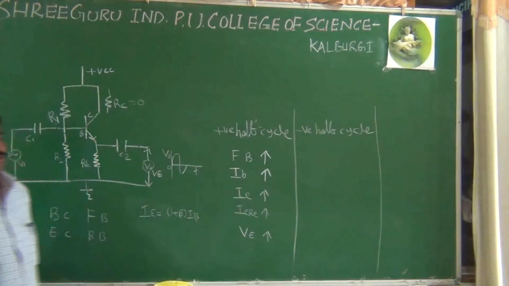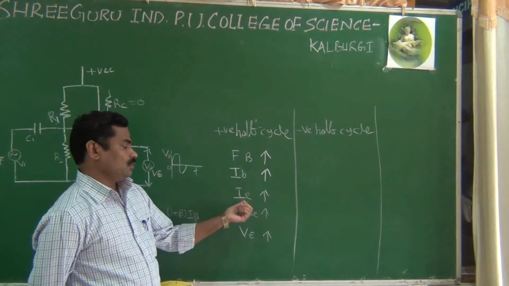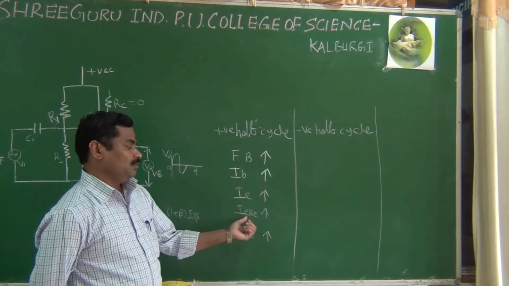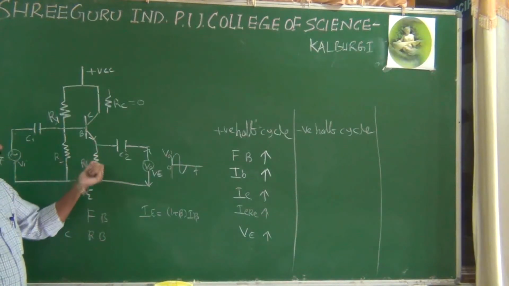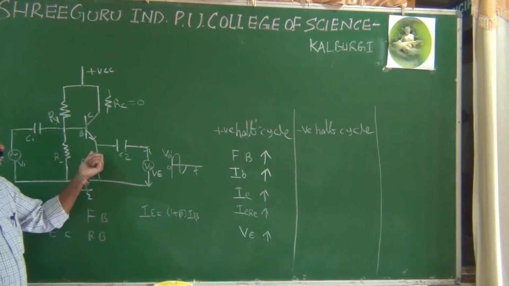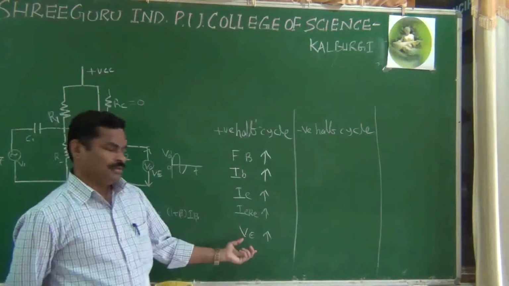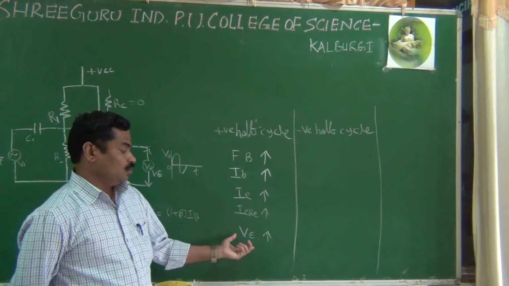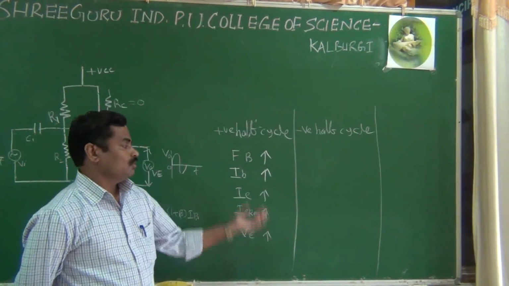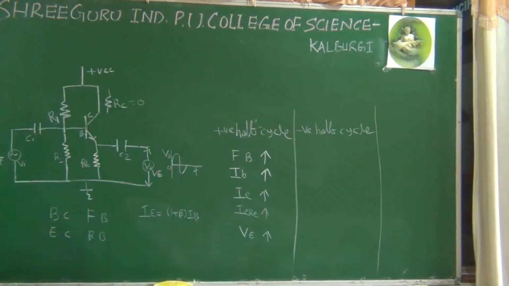By using this equation also you can say once IB increases, IE also increases, and if IE increases, the voltage across RE increases. That is the output voltage VE, the voltage across the emitter, which also increases. This is the effect of the positive half cycle.